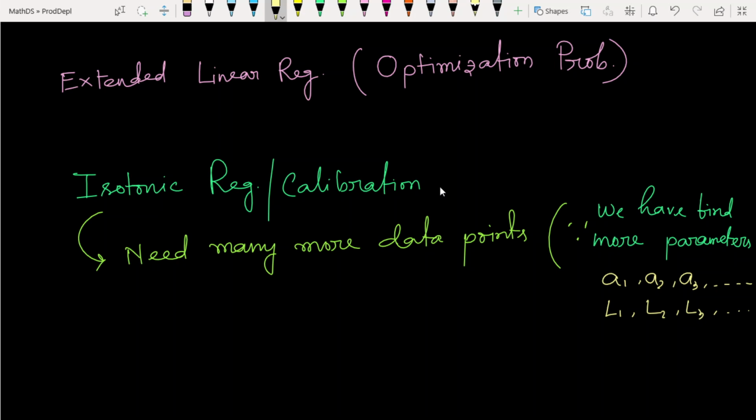L1 means here M1, B1, that's enough for L1, then M2, B2. I am just talking about this kind of parameter. Because of this we have to predict more hyperparameters, and because of these regions, we need more data points.